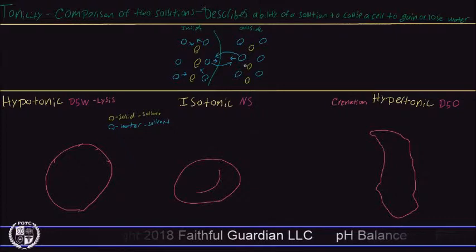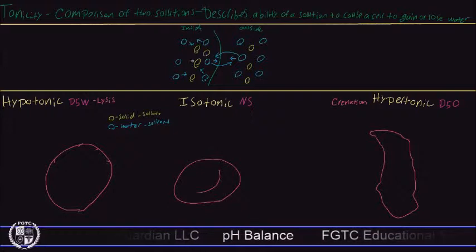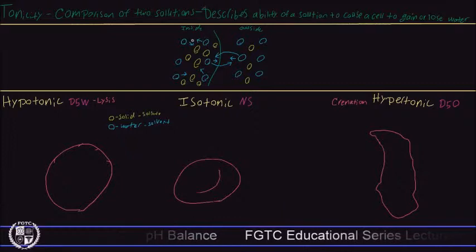So let's say that my cells have significantly more solid particles in them than the outside of the cells do. What this means is that water is going to be able to go into my cells a whole lot easier than the water molecules on the inside of the cell are going to be able to make it out.